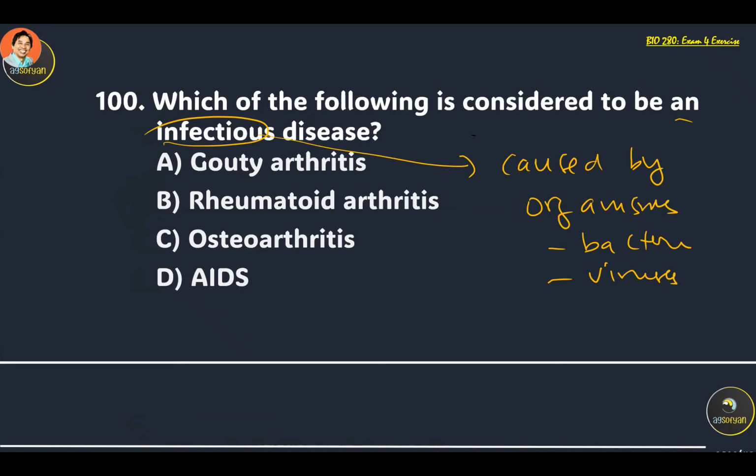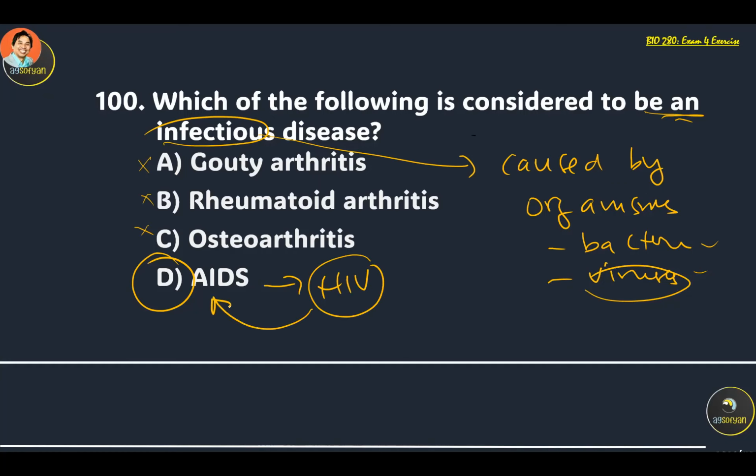Which one is caused by bacteria or virus? Of course, AIDS. AIDS is an infectious disease. The rest here are not infectious diseases. They are caused by parts of our body not functioning properly. But AIDS is caused by a virus called HIV, which causes AIDS.